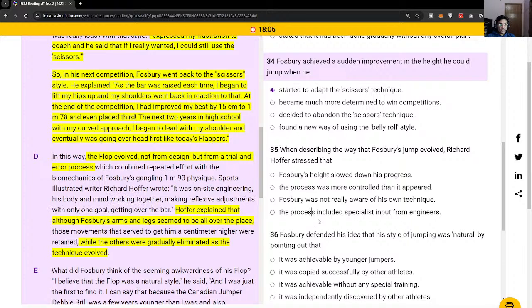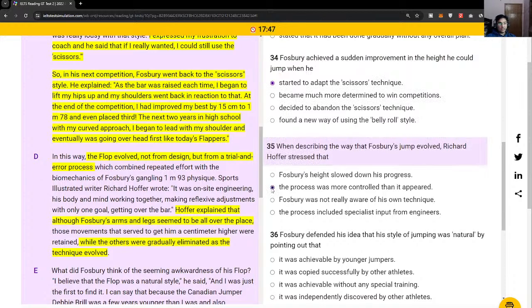Okay, there is no mentioning that the process included specialist input from engineers. There were no engineers. He was not really aware of his own technique. His height slowed down his progress? No. As the time went on, he had a positive improvement in his progress. So the only right option that we're left with is B.